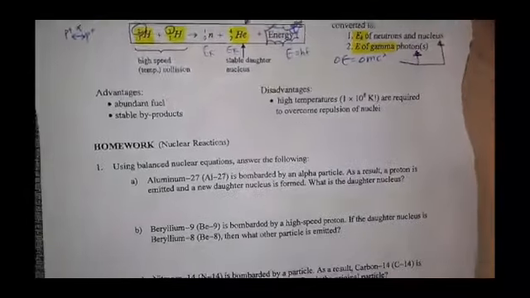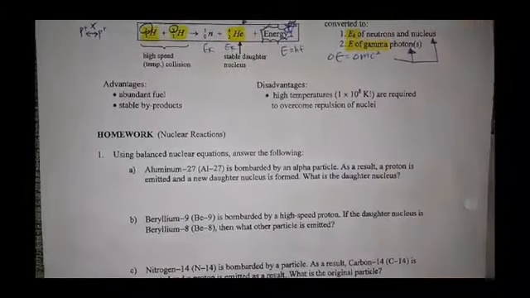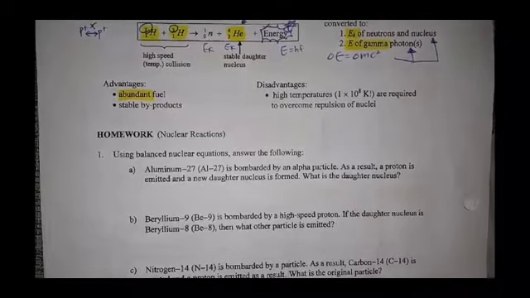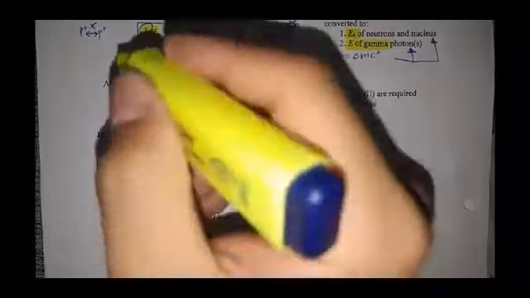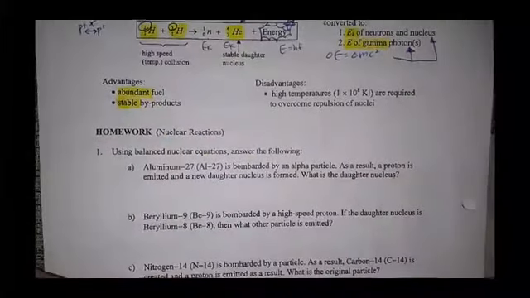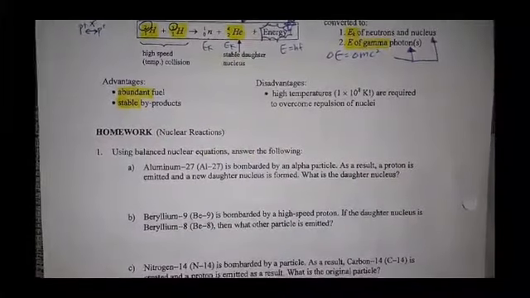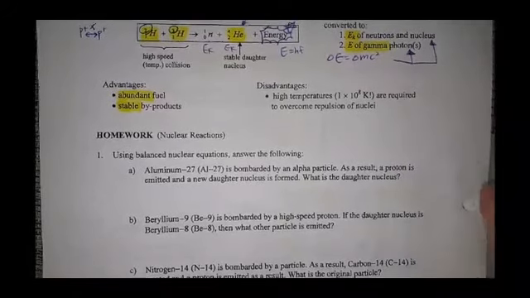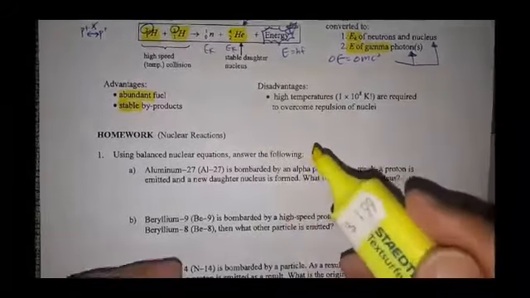Pros and cons. When it comes to pros, it's abundant. Hydrogen is the most common element in the universe. Very, very abundant. Next, it's a very stable byproduct. It's so stable, in fact, that it's more than harmless. You can even use it as alpha particles and those kinds of things. Even a balloon, if you will.